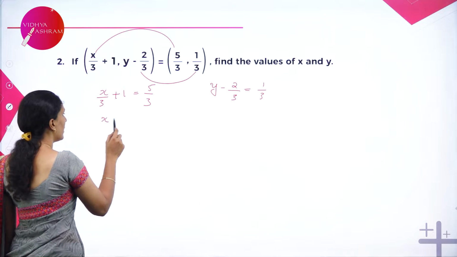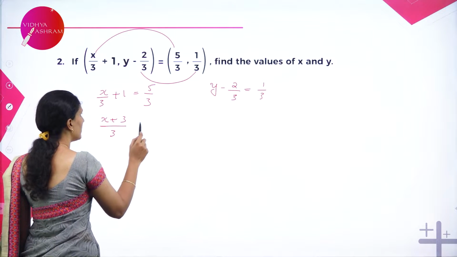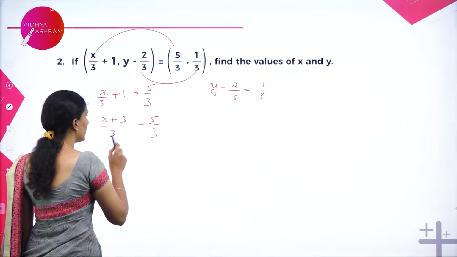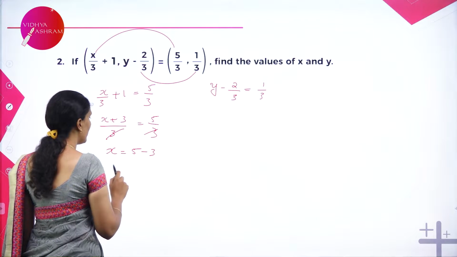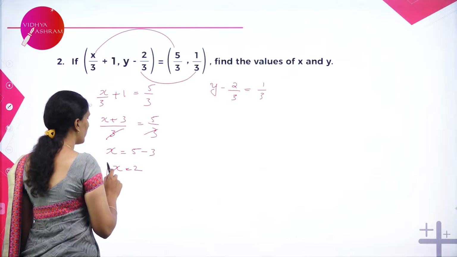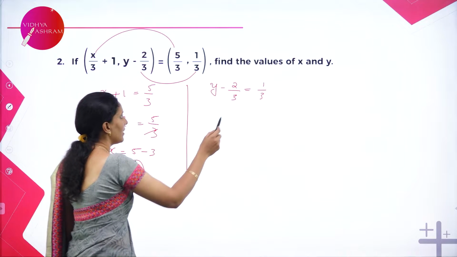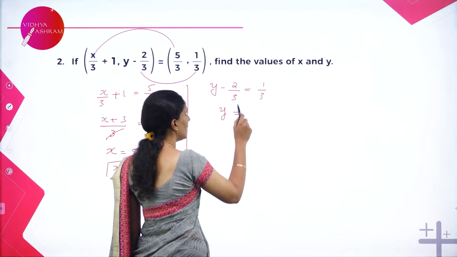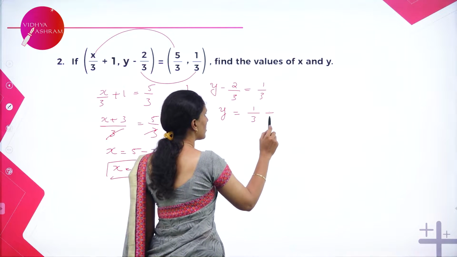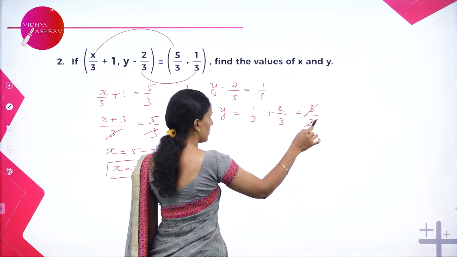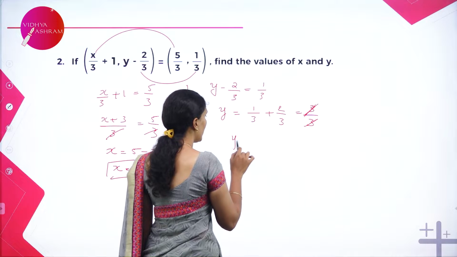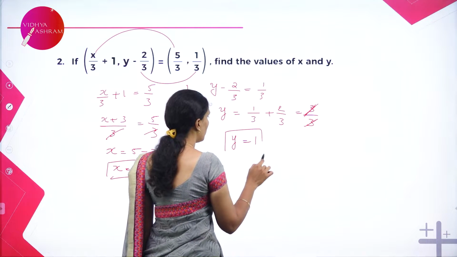We get x plus 3 by 3 is equal to 5 by 3. 3 cancels, x is equal to 5 minus 3, x is equal to 2. And here we can shift 2 by 3 to the right hand side. We get plus 2 by 3, which can be written as 3 by 3. Cancelling this, we get y is equal to 1.